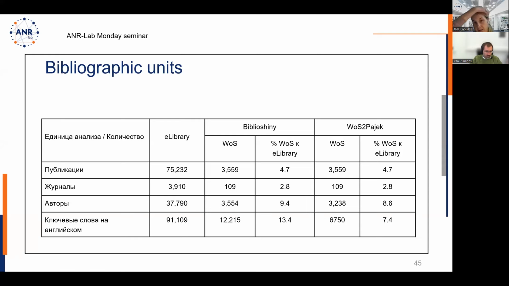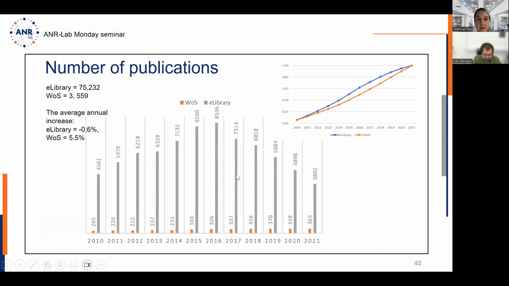For BibliaShiny, we counted the number of words in two separate fields. But WOS to pipe also uses normalization of keywords, so that's why it reduces the number of keywords. And then let's look at some distributions.